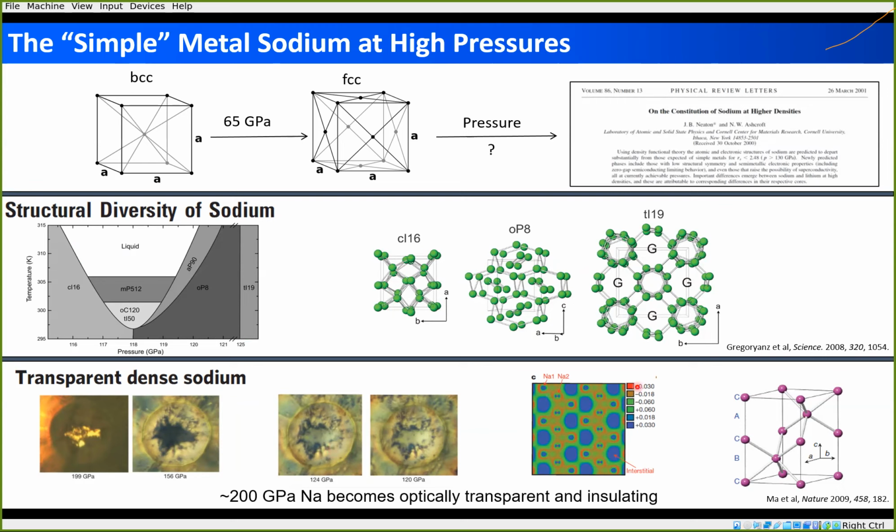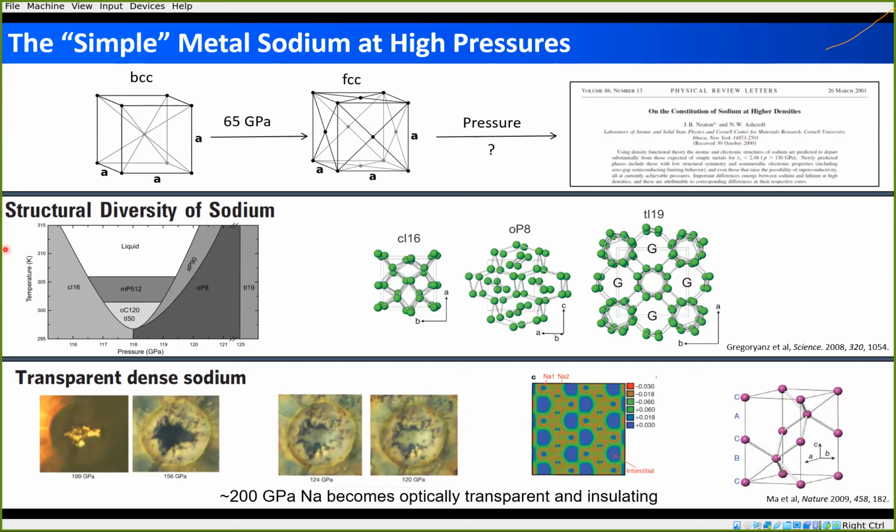And here is one of the studies that he and Jeff Neaton put forward, suggesting that if you compress sodium sufficiently high, it should become an insulator, and the same for lithium. Because of the orthogonality of the valence electrons to the core electrons, and the interaction of the core electrons at such high pressures. And there has been actually a lot of experimental work done on sodium at these very high pressures.